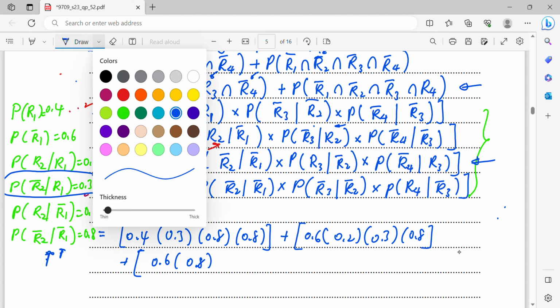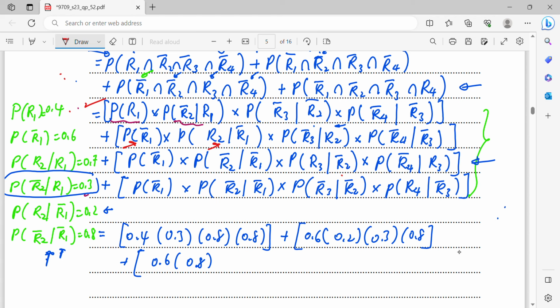And then the third one is here. Previous day not rain and today rain. So previous day not rain and today rain is 0.2. Okay, and then lastly, it will be rain on previous day, not rain on next day. So 0.3. Okay, plus the last one.